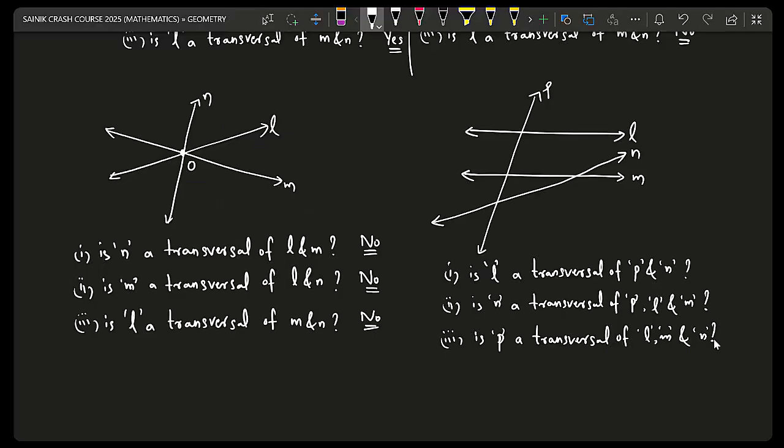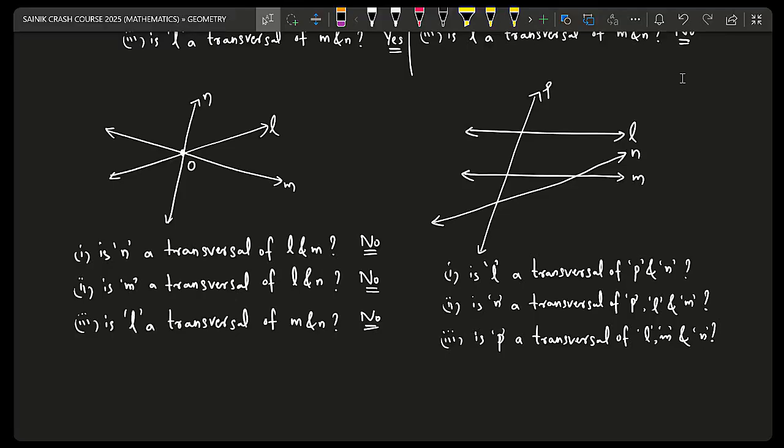Who is going to answer the first question? Harshvardhan, can you read the first one? Yes, sir. Is L a transversal of P and N? Sir, no, sir. Why no? Sir, L is intersecting P, but not intersecting N. Wrong answer.